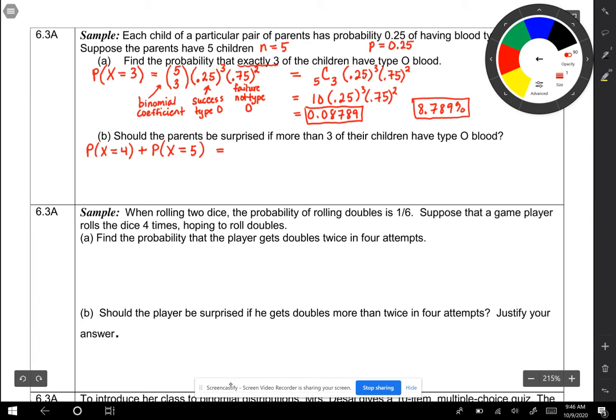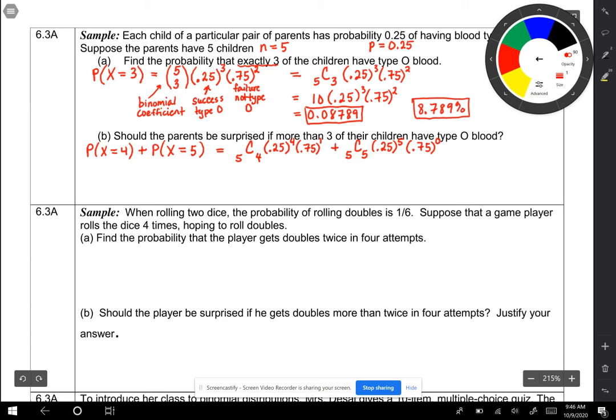So for the first one, your number of trials is 5, and you want exactly 4, times 0.25 to the fourth power, because that's your success, times 0.75 to the first power, plus here, all 5 success, 0.25 to the fifth, 0.75 to the 0.